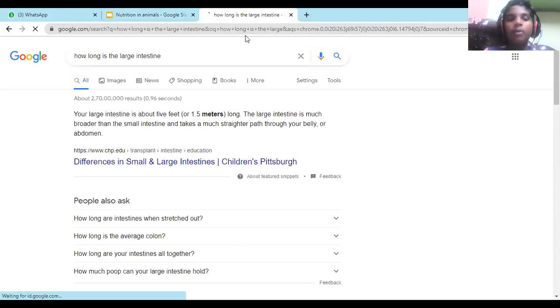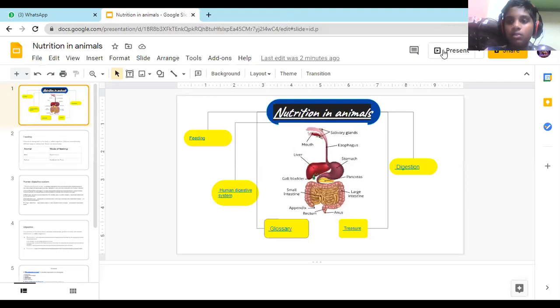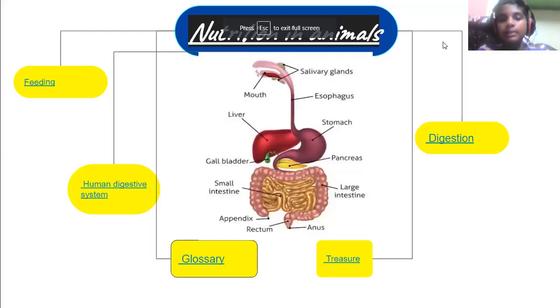Yes, it is 5 feet. In the small intestine, the food stays for about 3 to 5 hours. After that, the waste is sent into the large intestine, and the large intestine absorbs the water from the waste and sends it out through the rectum and anus.